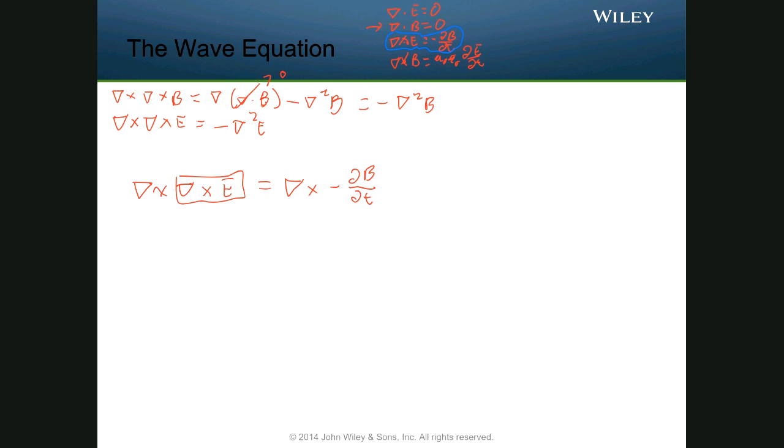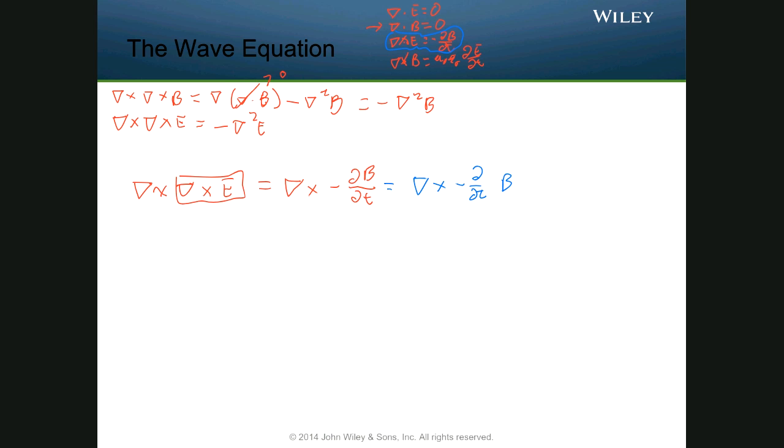Now, another way to write this is del cross minus d/dt of B, where the derivative operates on B. This is where I was getting confused, and this is why I'm going to say it's not complicated.